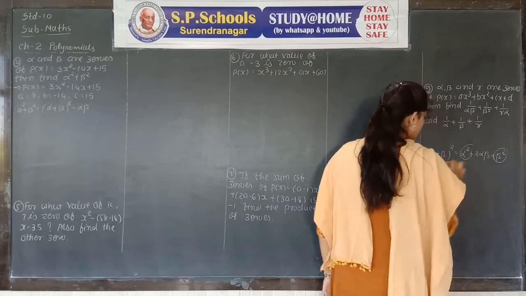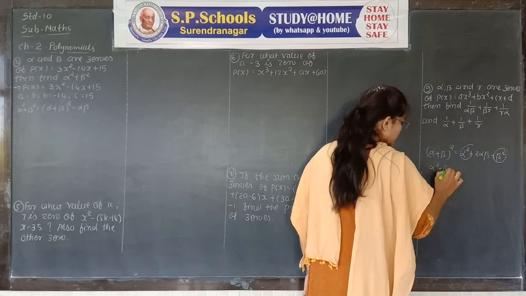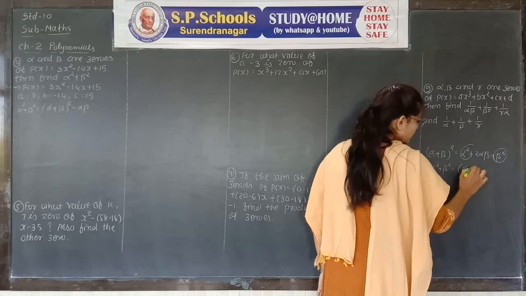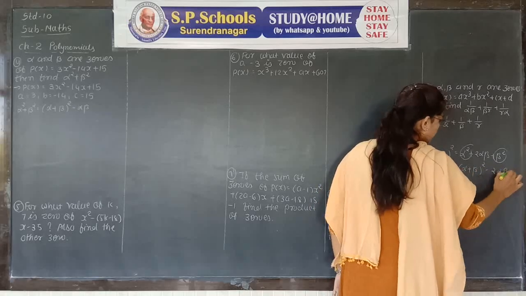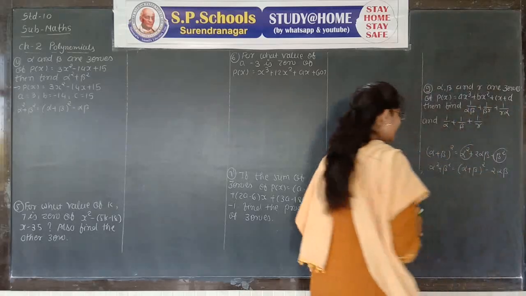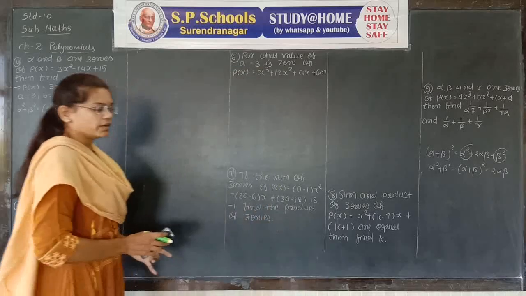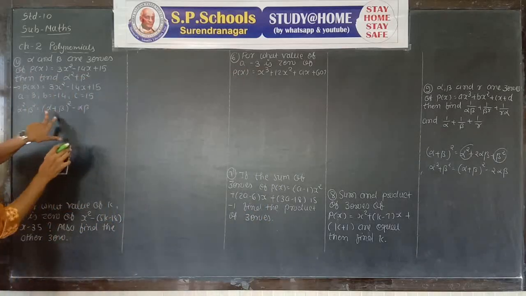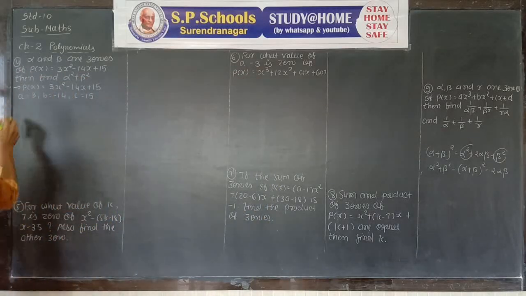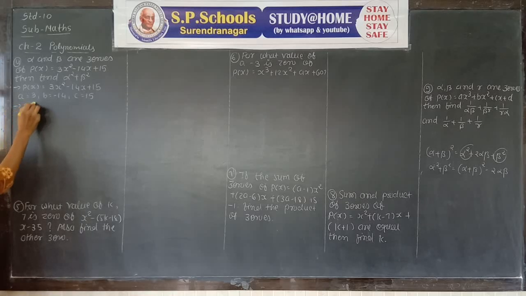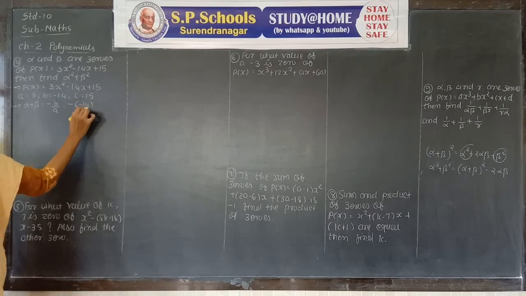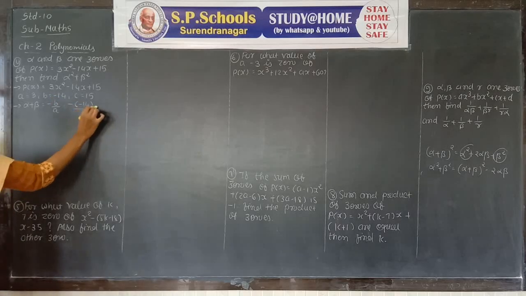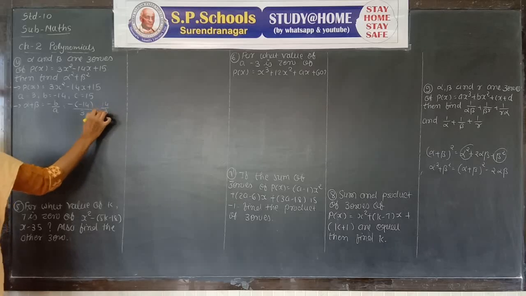By making alpha square plus beta square the subject, we get alpha plus beta whole square minus 2 alpha beta. To find the value of alpha square plus beta square, we want to find first alpha plus beta and alpha into beta. The alpha plus beta is equal to minus b upon a, minus instead of b is minus 14 and instead of a is 3. Our answer is 14 upon 3.